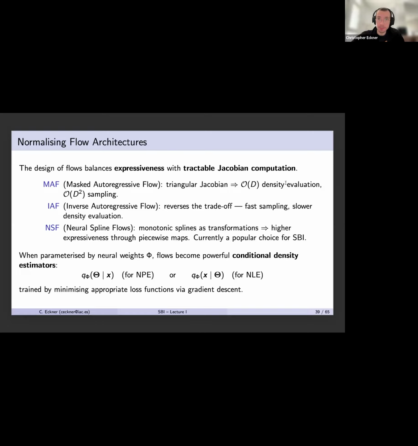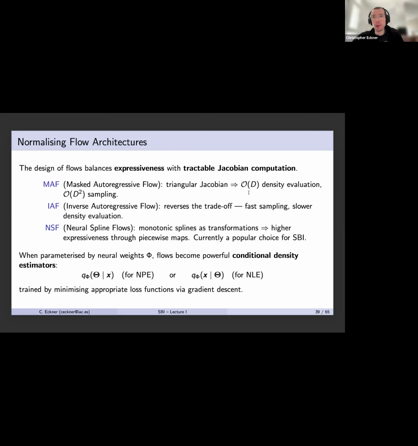And as you see here, it saves you evaluations. Then there's something called inverse autoregressive flow that gives you a faster sampling, but a slower density evaluation. So it's kind of the inverse of what they do there, but it has also its perks.